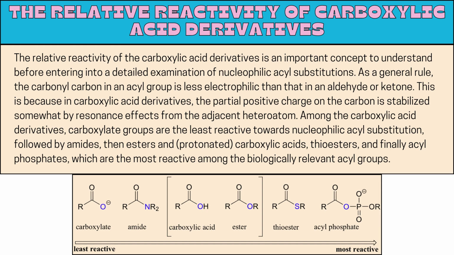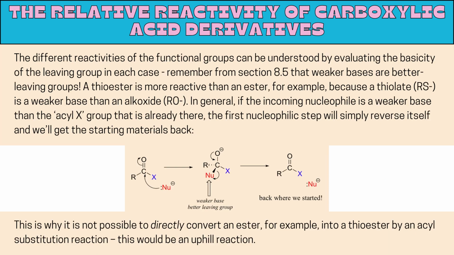electropositive. So, among the carboxylic acid derivatives, carboxylate groups are the least reactive towards nucleophilic acyl substitution, followed by amides, then esters and protonated carboxylic acids, thioesters, and finally acyl phosphates, which are the most reactive among the biologically relevant acyl groups.